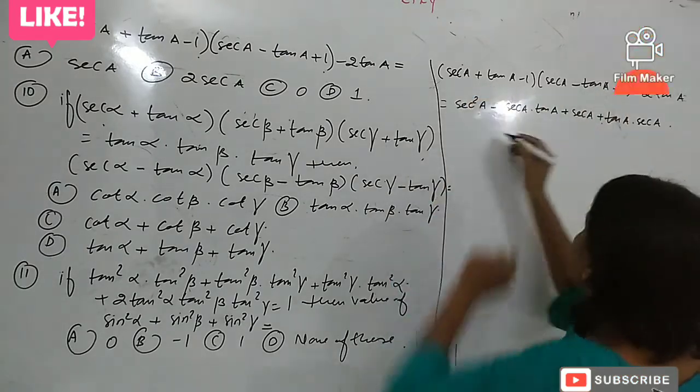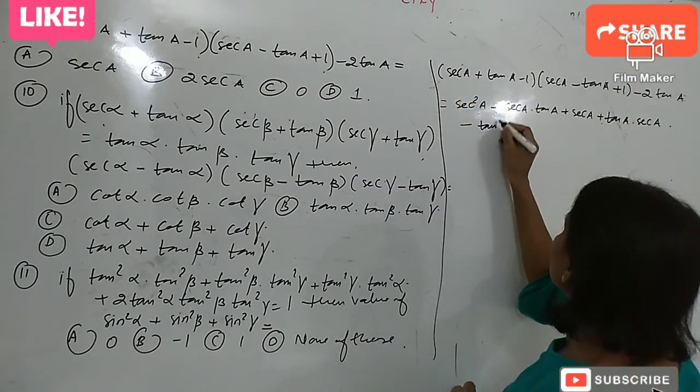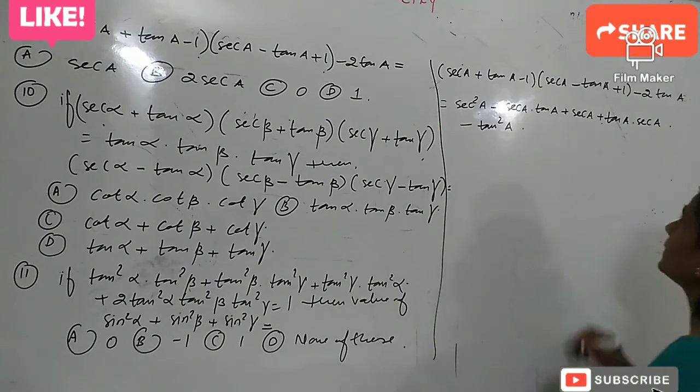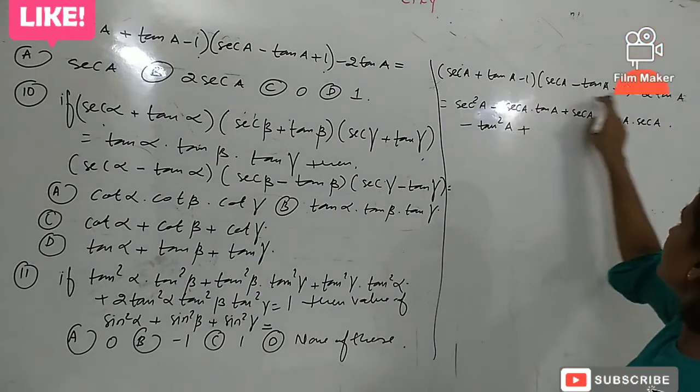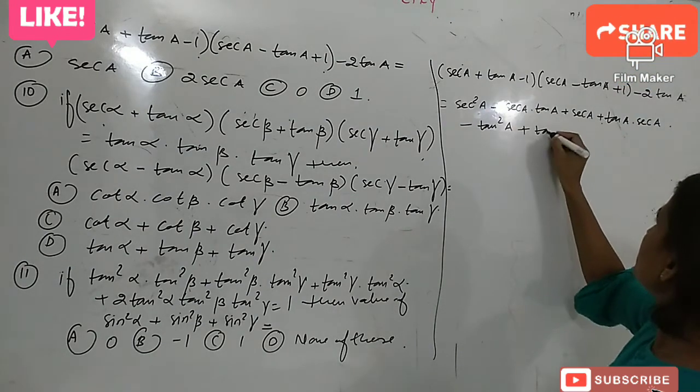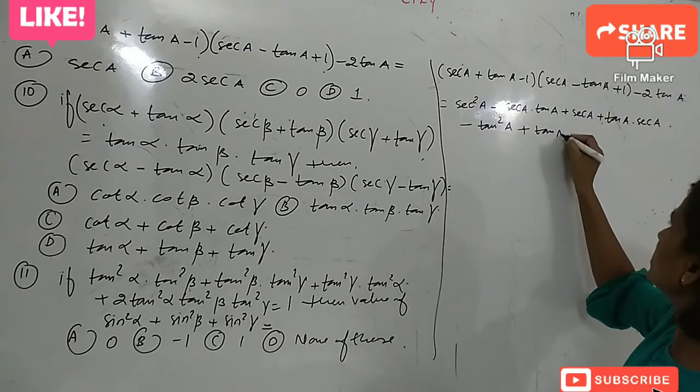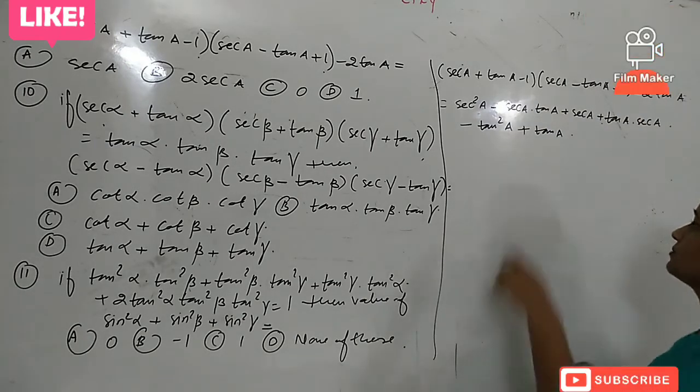Then tan into tan, it is minus tan square A, and after that it is tan A into 1 means it is only tan A. Okay, and then just multiply by the 1.